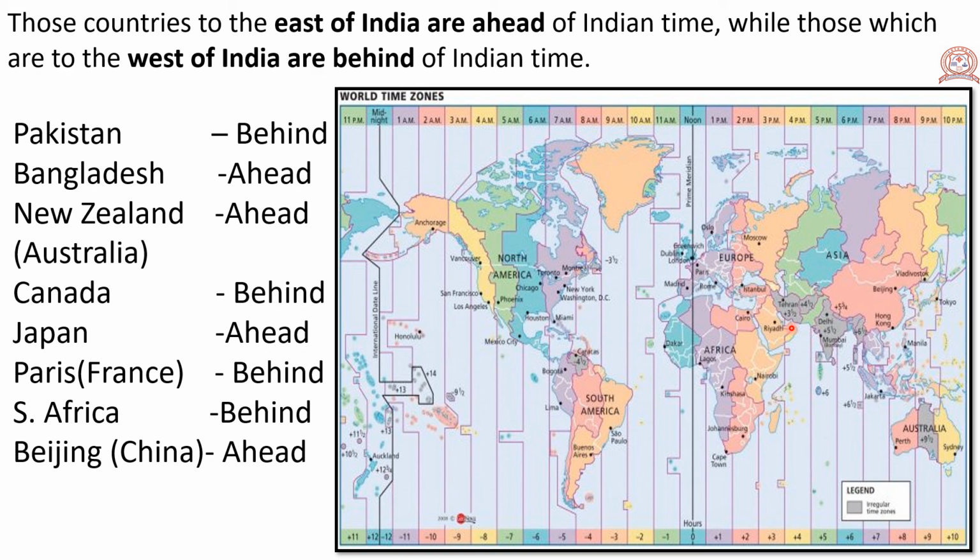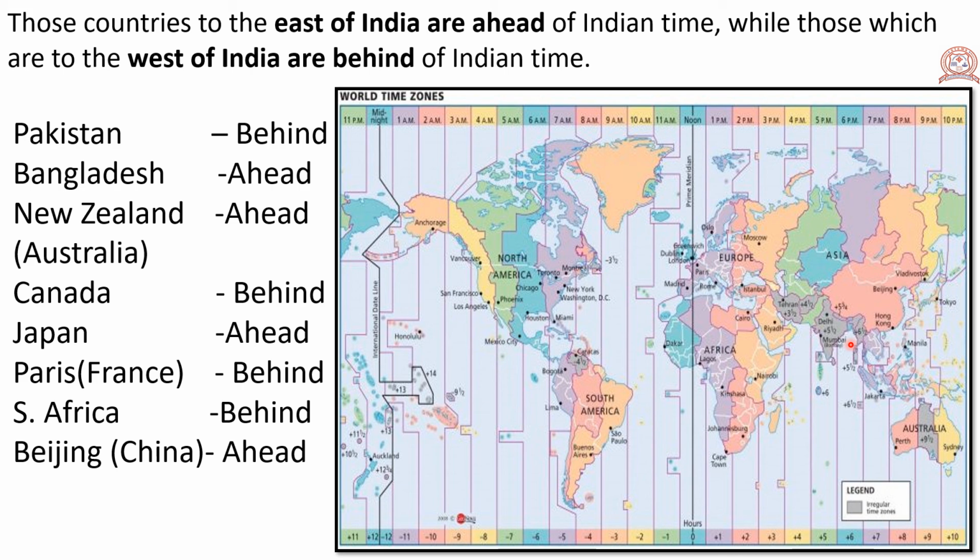First one, Pakistan. Pakistan is located in the west of India, so the time here is behind Indian time. Bangladesh. Bangladesh is located in the east of India, so the time here is ahead of Indian time.